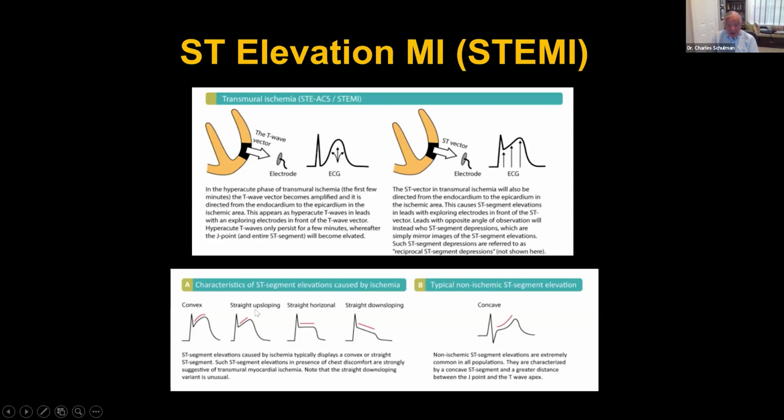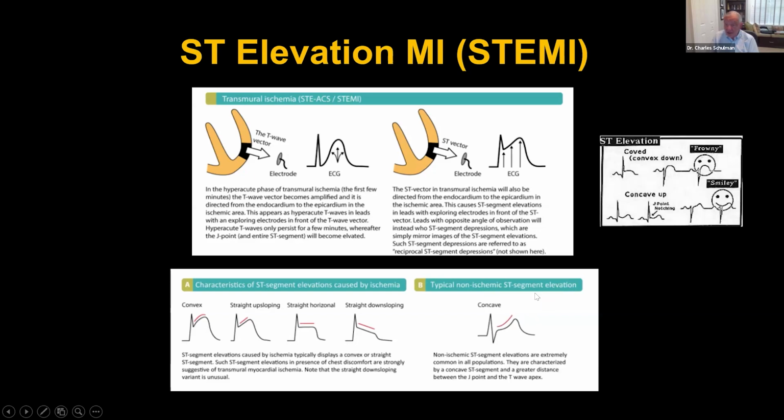Characteristics of ST elevation caused by ischemia are complex, or straight upsloping, or straight horizontal, whereas non-ischemic ST elevation would be concave, frowny face versus smiley face.